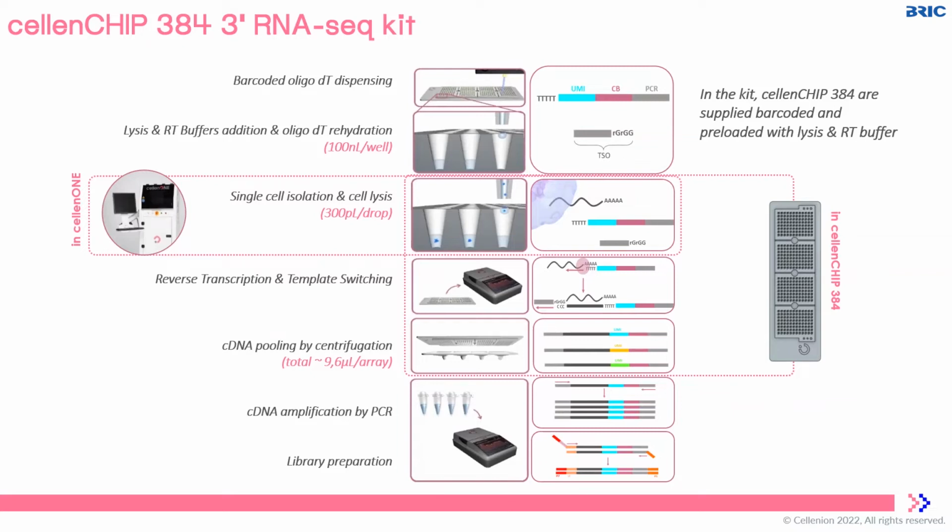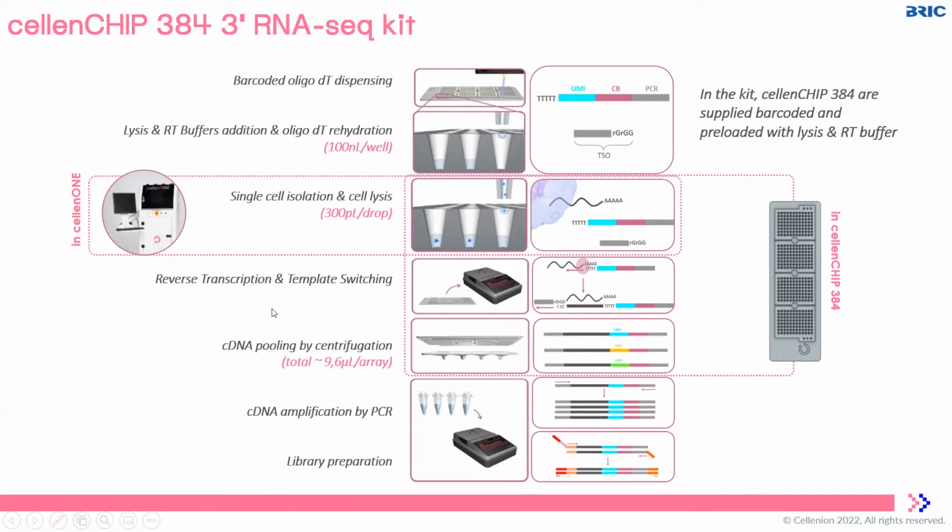On the day of the experiment, you just take the chip out of the freezer, place it into the CellenONE, and do your single cell isolation. You isolate your cell and drop it into the lysis and RT buffer. This represents a droplet of about 300 picoliter. Each well contains 100 nanoliter of reaction volume.